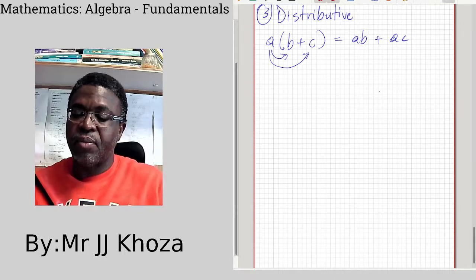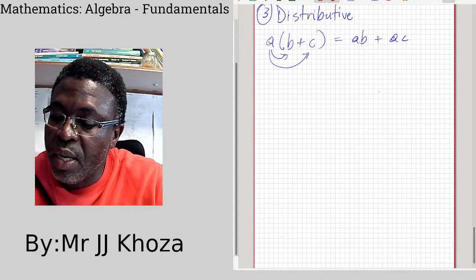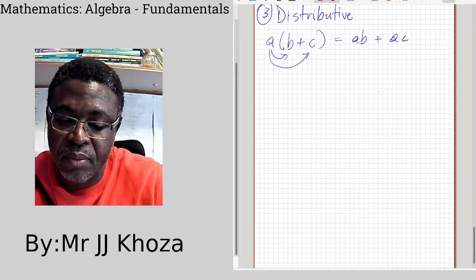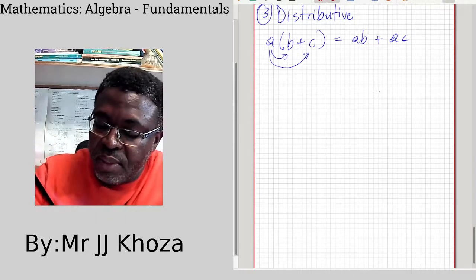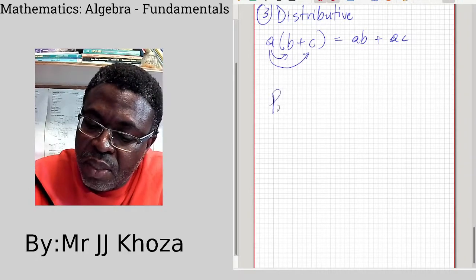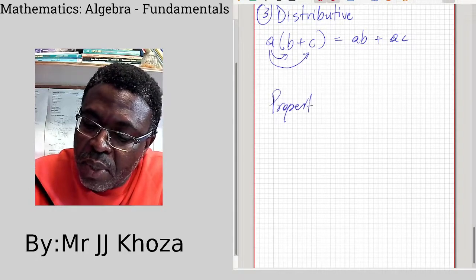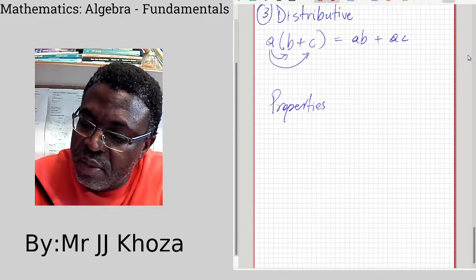Okay. So this is it, a simple thing that you need to understand. Let us talk about properties of negatives.